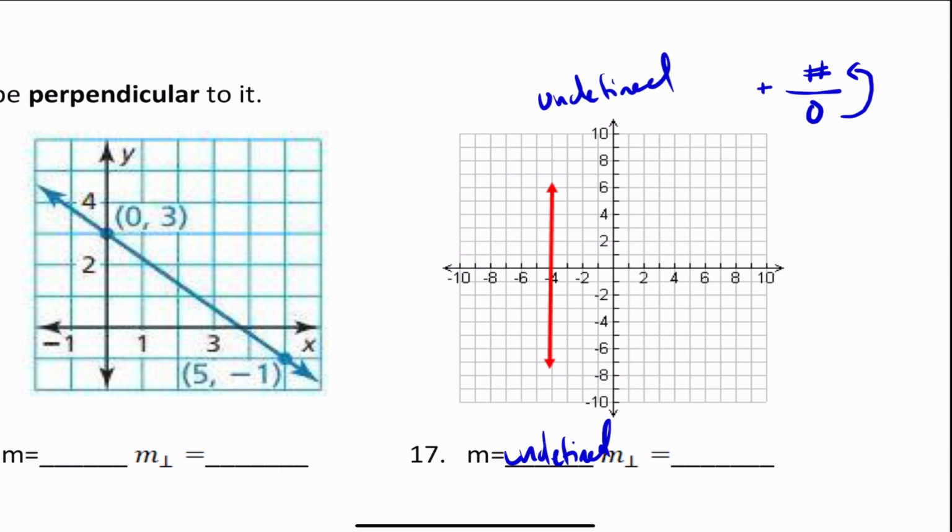Let's say this is positive, and this has to be negative. And I'm flipping the fraction, so it's 0 over a numerator. 0 divided by anything is 0. So really, this is a 0 slope, and it should intersect at a 90-degree angle, just like so.